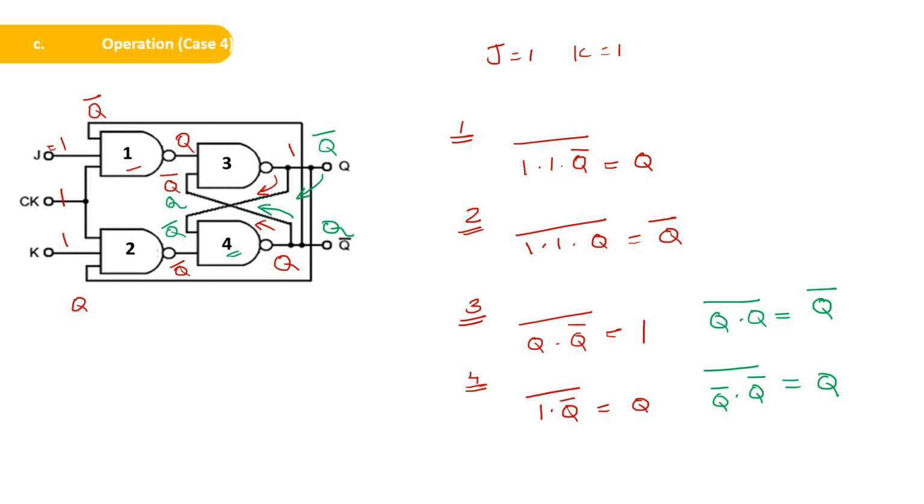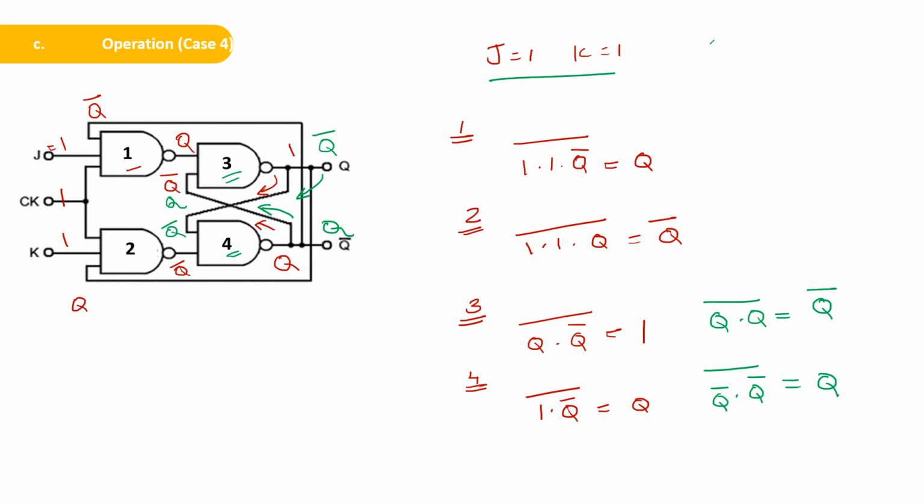So now it is a stable condition. Q is getting again fed back to the input of NAND gate 3. So Q and Q, and the output will be Q complement. That is the stable state. That means if you are giving J equal to 1 and K equal to 1, you will get the output as the complement of the previous output.